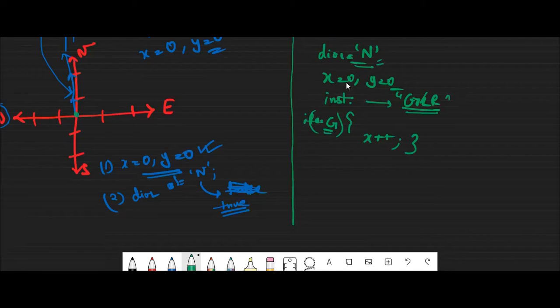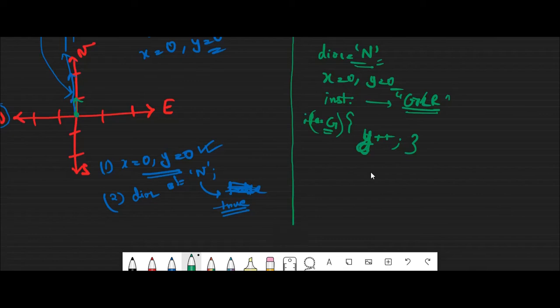It means when we have G, we are going to increase the y value depending upon the direction. Suppose my direction is overwritten by E or W or S, we will change the x or y value based upon that. Sorry, this is y plus plus. Okay, this is y plus plus. Very sorry.